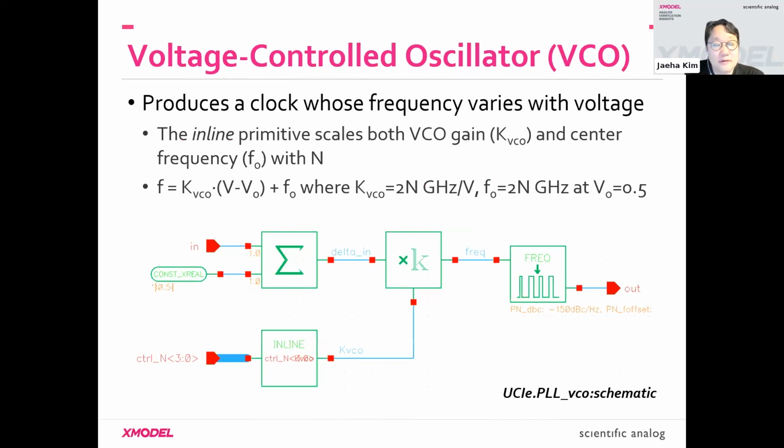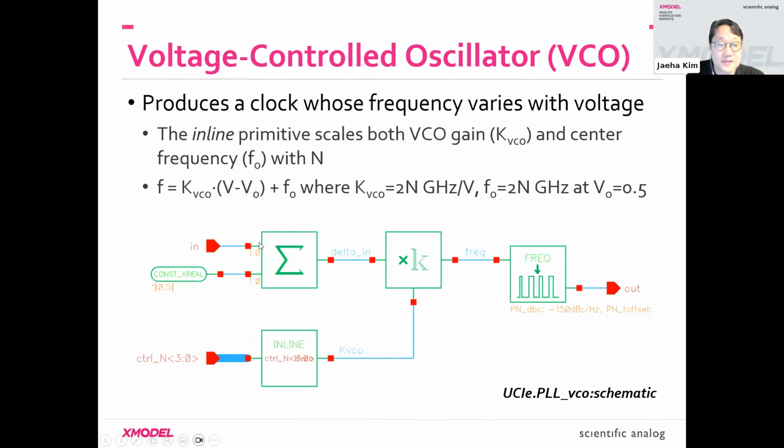So here's the model for the VCO that will scale the VCO gain as a function of the multiplication factor N. Basically, it describes a VCO whose frequency is a linear function of the control voltage. So to do that, we take the input, we subtract the center voltage.